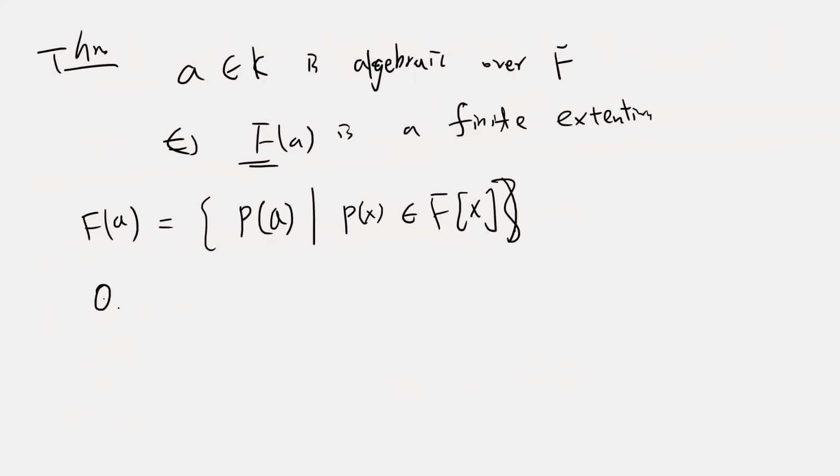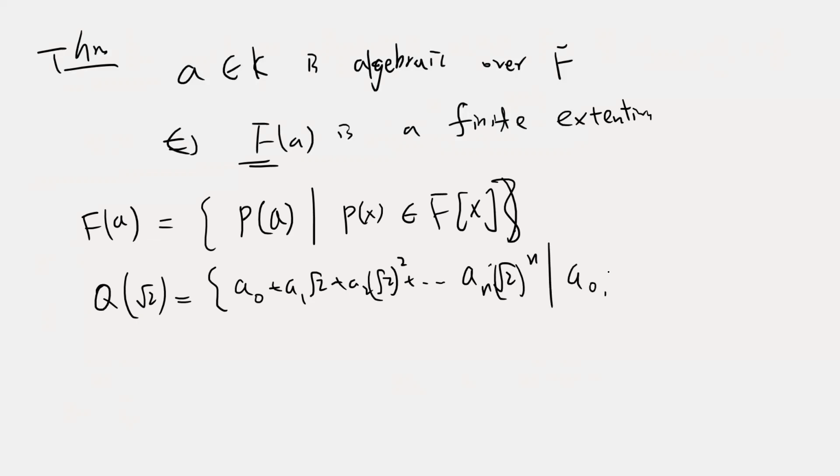For example, Q adjoin the square root of 2 is all a0 plus a1 square root of 2 plus a2 square root of 2 squared, up to an square root of 2 to the n, such that all a0, a1, up to an are rationals. And then you know that the square root of 2 squared is just 2, right? So you can write it as this.